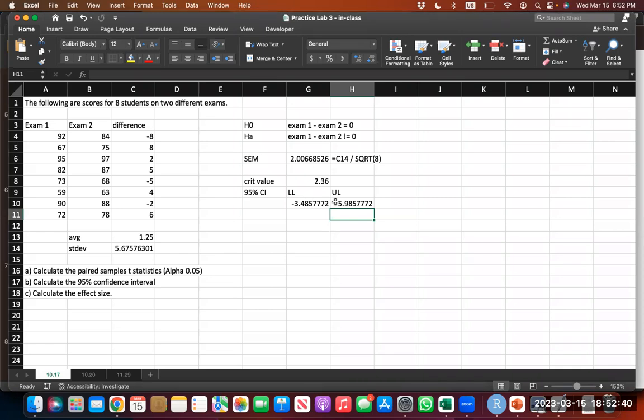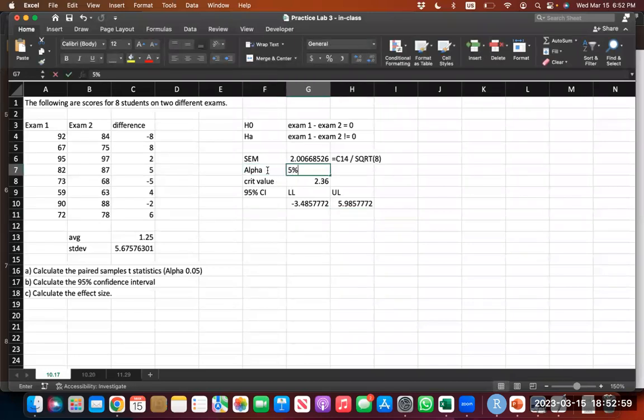So since 0 is within the 95% confidence interval, we can already say by the naked eye that the null hypothesis is not going to be rejected at an alpha level of 5%.